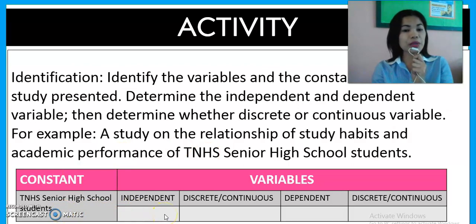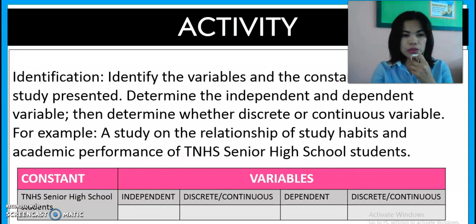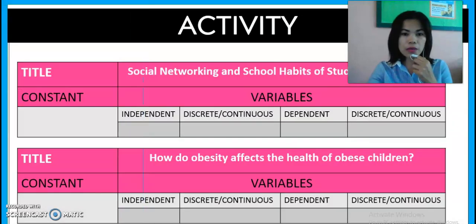The independent variable is the study habits, and it is discrete because it can be divided; you can measure it. Then the dependent variable is the academic performance, and it's still discrete.